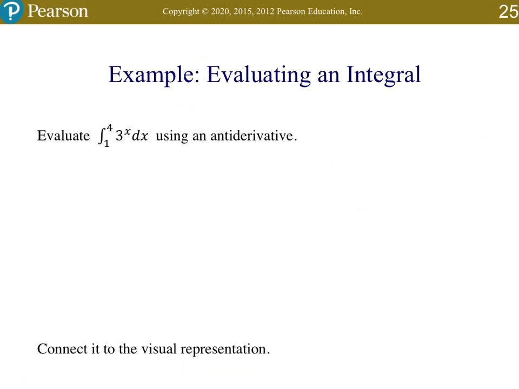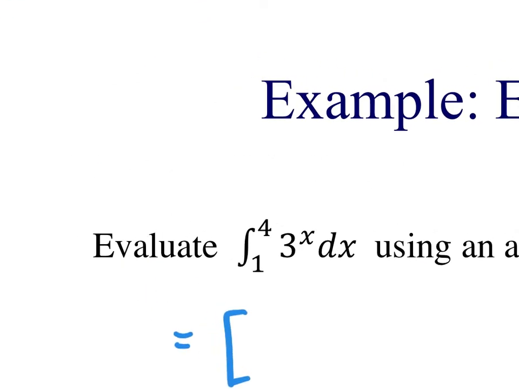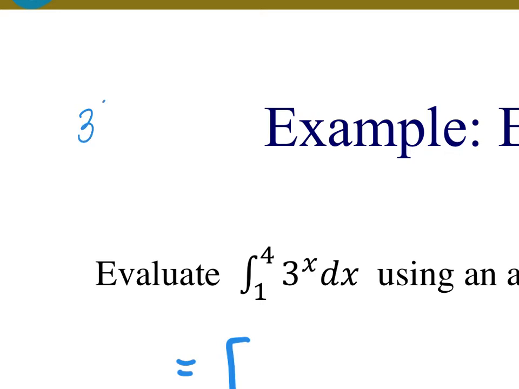Okay, evaluate the integral from 1 to 4 of 3 to the x dx using an antiderivative. So equal sign, bracket. Again, just use good habits, write an equal sign and then a bracket to announce to the world that you're ready to use an antiderivative. So again, if you need to review 3 to the x, if you go down to a derivative, that would be 3 to the x times ln 3 times the chain rule of 1.